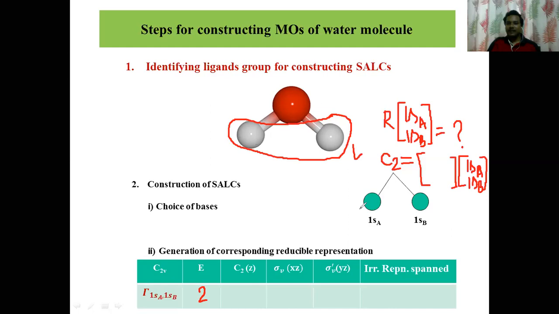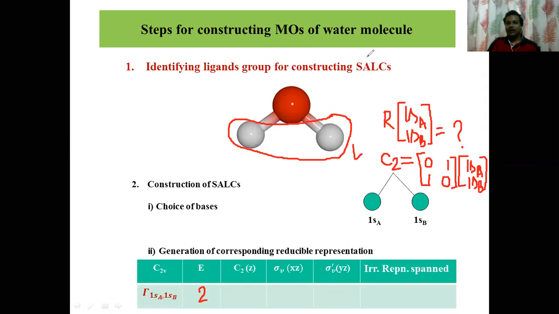Look at here, 1s A becomes 1s B, right? So that means this should be 0 and this should be 1, right? Then only I can get 1s A transforming to 1s B as the resultant. Similarly, 1s B is going to transform into 1s A. So therefore, I am going to have 1 here and 0 there, right?